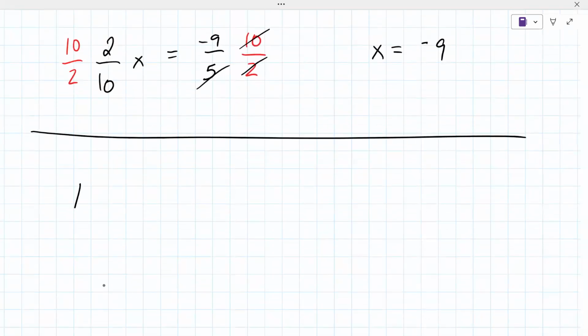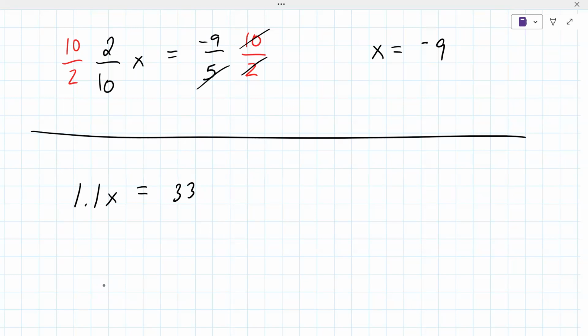Let's go 1.1x equals 33. Okay. Next number.